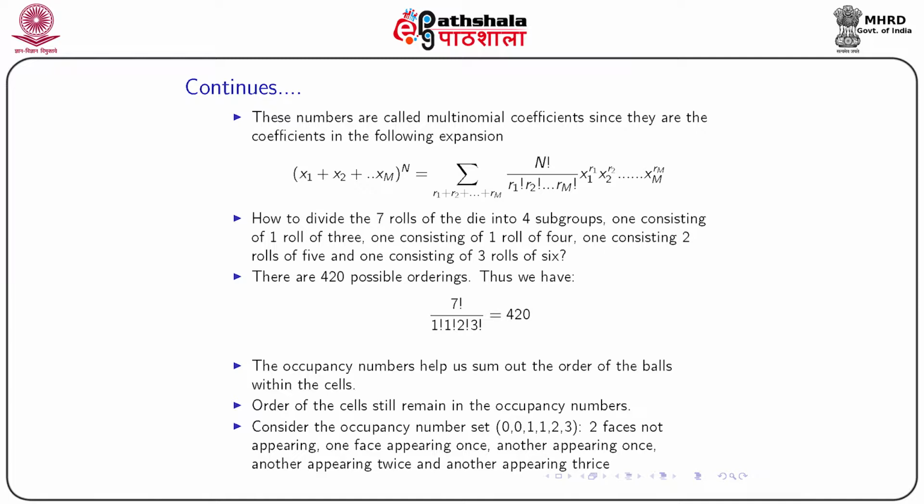They are the coefficients in the expansion of x1 plus x2 plus ... plus xm to the power n. Now if we use this theorem and want to know how to divide the 7 rolls of a die into 4 subgroups, we may say that one group consists of one roll of 3, one consists of one roll of 4, one consists of 2 rolls of 5, and one consists of 3 rolls of 6.